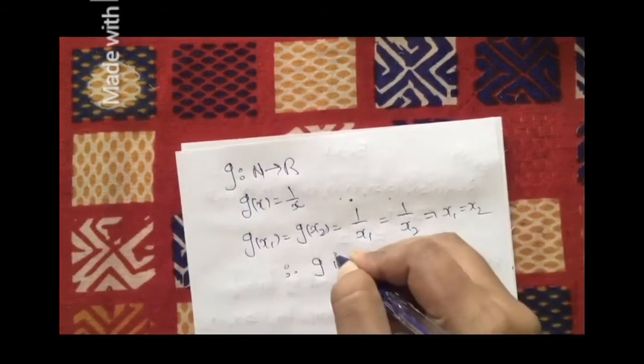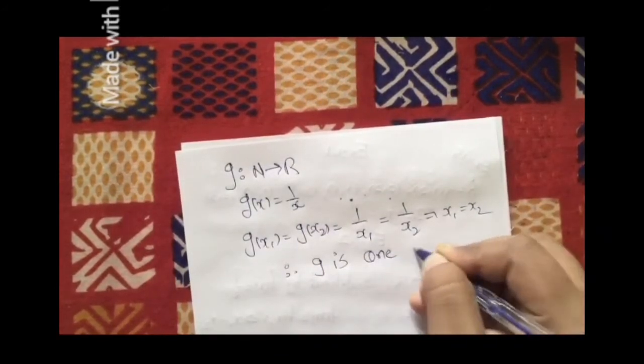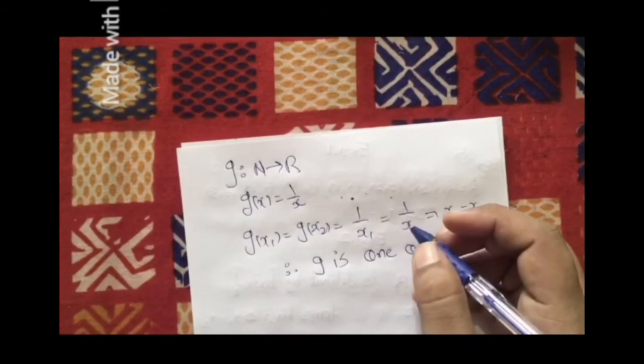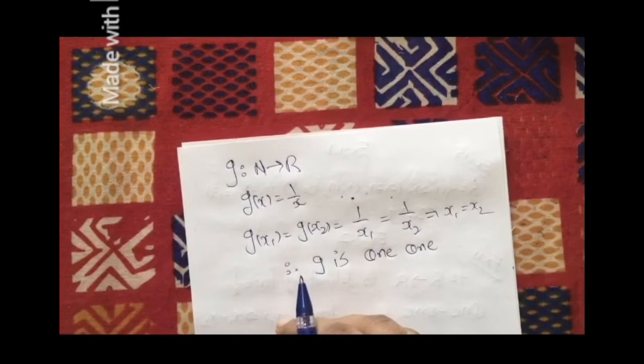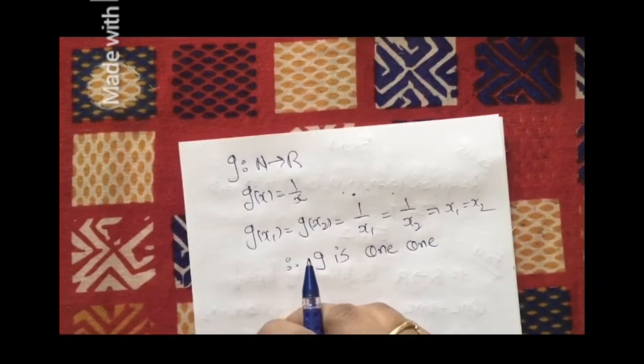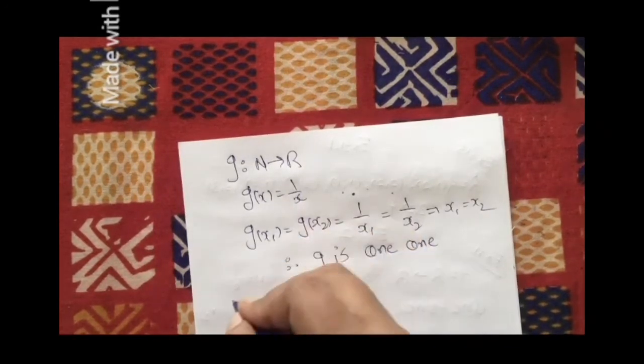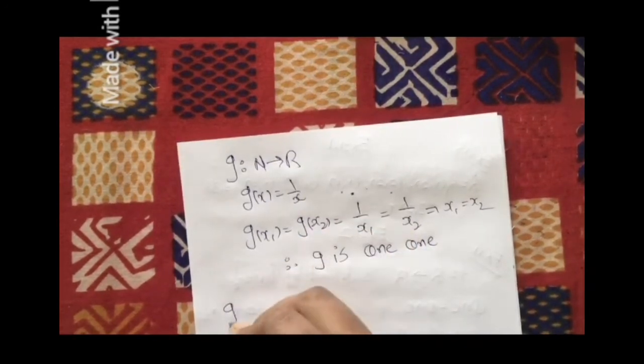Therefore g is 1-1. And for onto, if we take the value of g as a fraction, like 1/2, it does not belong to N. Therefore it is clear that g is not onto.